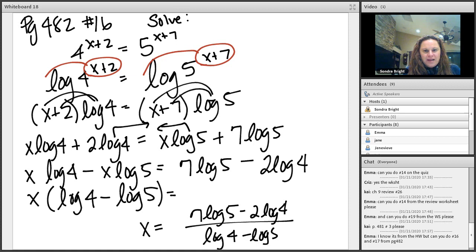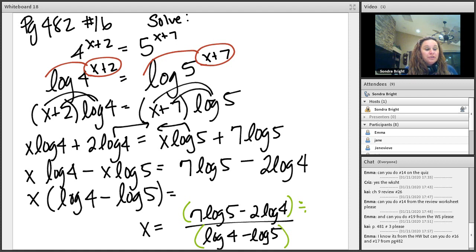log of 5. Make sure when you put these in your calculator, you must put parentheses around the top, and then the divided by, and then parentheses around the bottom. If you don't, your calculator will give you the wrong answer. Let me just double check that. We got parentheses, 7 log 5 minus 2 log of 4.